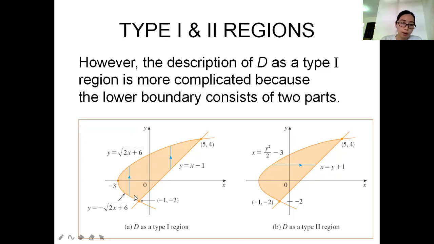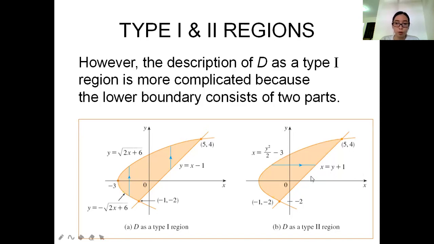Okay? So you have this boundary as y is equal to negative square root of 2x plus 6 and the positive square root of 2x plus 6.